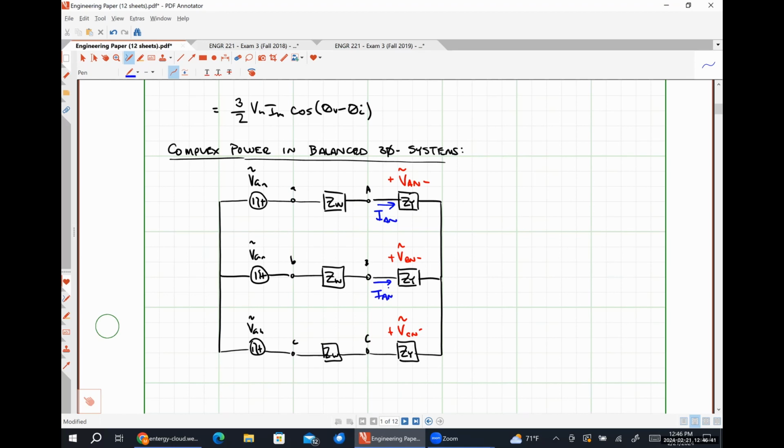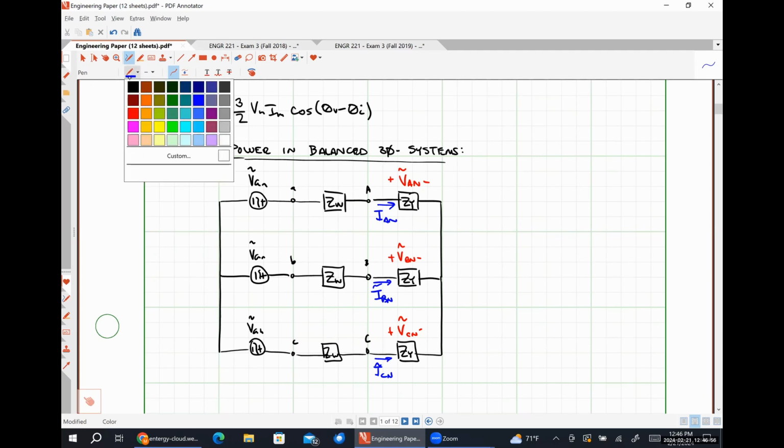Sorry, that should be B. While I'm at it, I'm actually going to label some line voltages and some line currents as well.